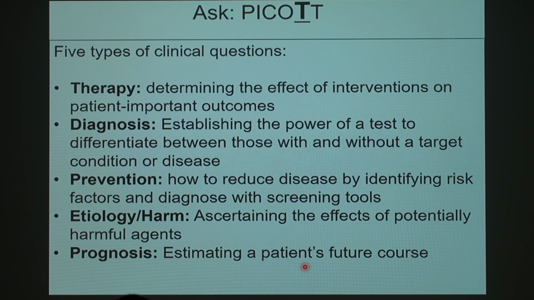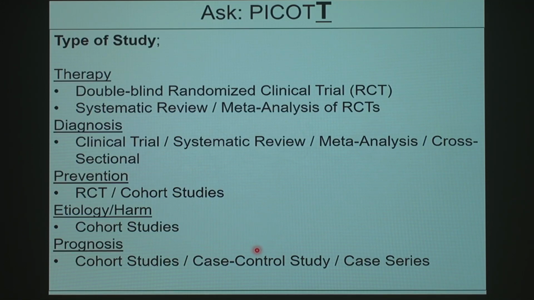And then some others look at whether there are ways to prevent a certain condition. Are there ways to reduce the factors that are associated with, say, developing cancer? The type of question you ask will tell you the type of studies you need to look for when you're doing your literature searches.